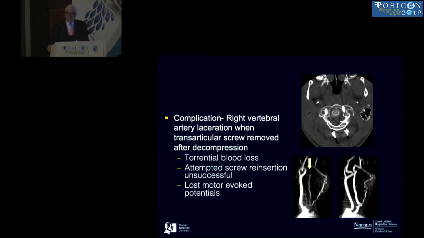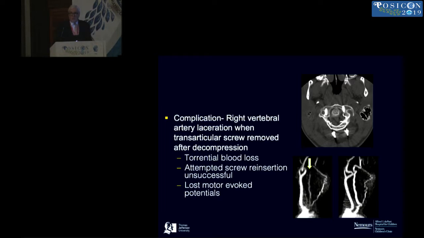And luckily we were able to calm the bleeding down. It was very, very difficult. And you can see from this post-op MRA, that's the other side, and you can see that vertebral is cut off right here.